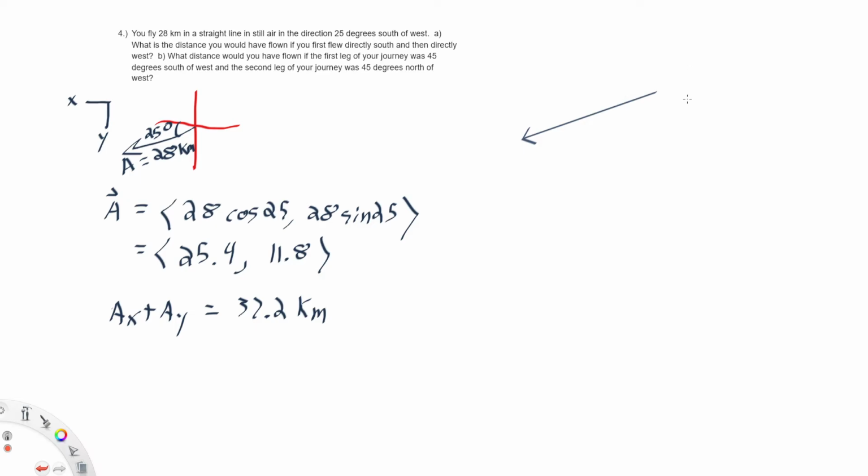So what if we went 45 degrees and then made a 90-degree turn and went northwest? We can call these B and C. There are a few ways that you could have gone about this.